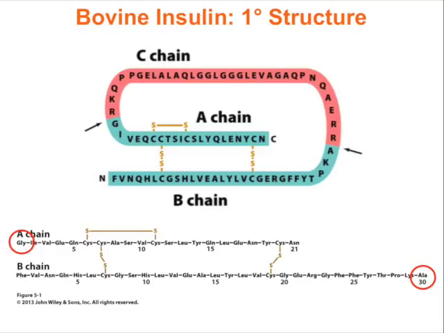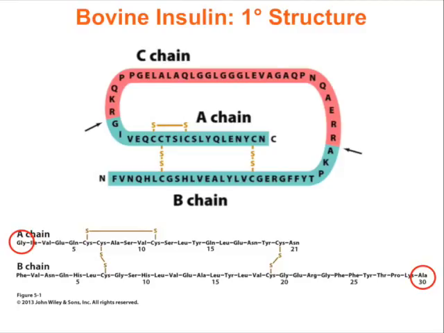You can see that the two sulfur side groups on cysteine on the A chain are connected in a disulfide bond here, indicating that this has to fold back on itself somehow. So indeed, even though this is laid out linearly, the side groups of all of these individual amino acids will influence how this protein will structure itself in the cell.